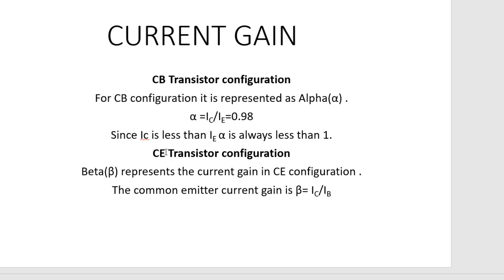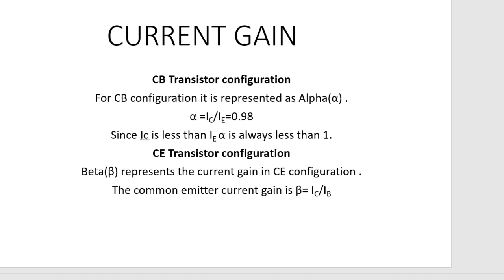The next transistor configuration is the common emitter transistor configuration. The CE current gain is represented as beta and is equal to the output current IC divided by IB. Regarding the practical value, beta will be large compared to common base and common collector.